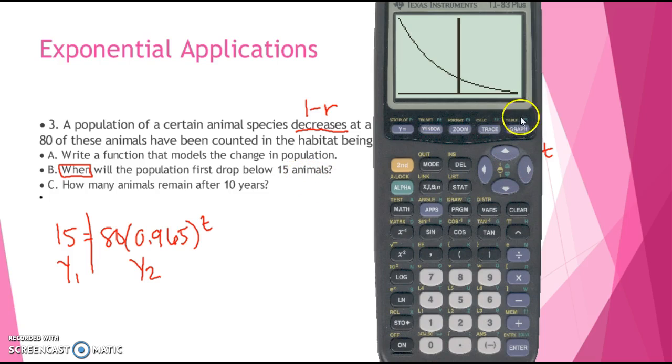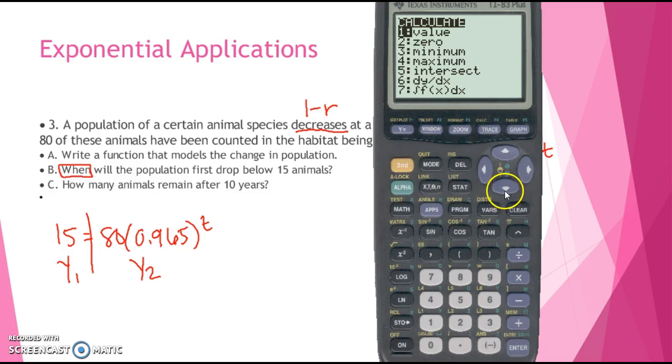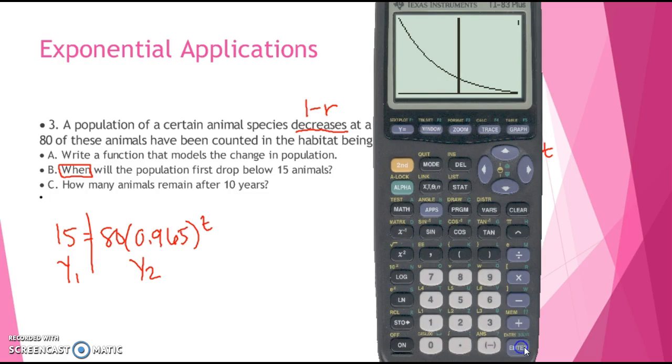All right, now I can't really tell if it's intersecting here or not, and one way to find out if you can see your intersection is to go ahead and try to find the intersection. If your intersection can't be seen, you're going to get an error. Okay, but if it is in that window, your calculator will figure it out for you. So it looks like it's being able to calculate it, so it must be this bottom corner down here. Error, no sign change, that means you can't see it.